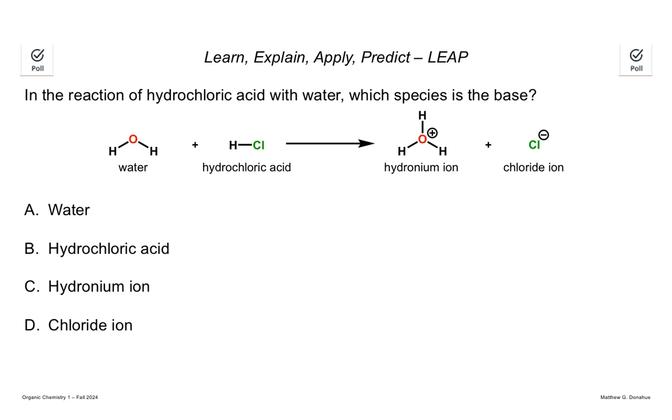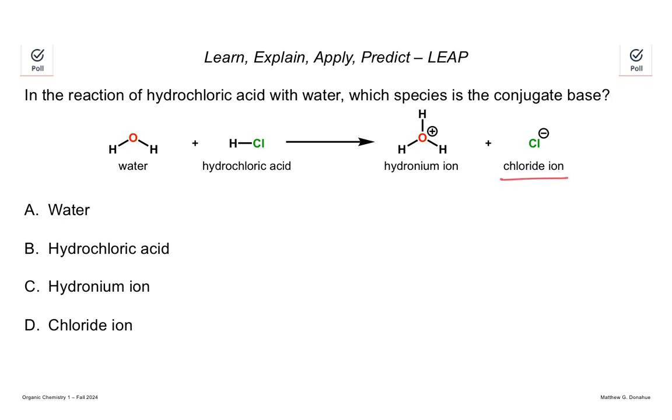So the water, again, is the base. Hydrochloric acid is the acid. The conjugate base here is the chloride ion. Again, that's due to the lone pairs.